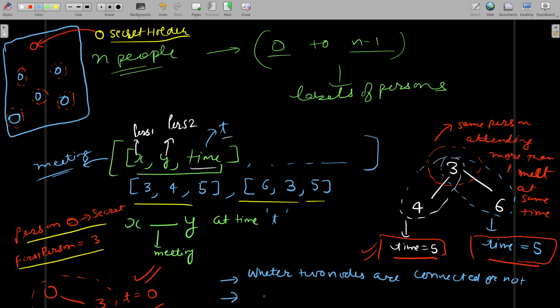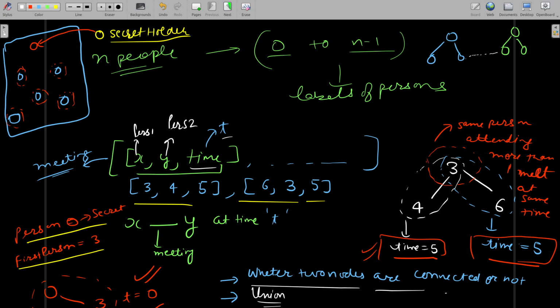And we can connect two nodes or two components. By components I mean, let's say there are certain nodes connected and there is another group also having certain nodes connected. So these two different components can be linked to each other. Okay, so there will be another operation, union, here.